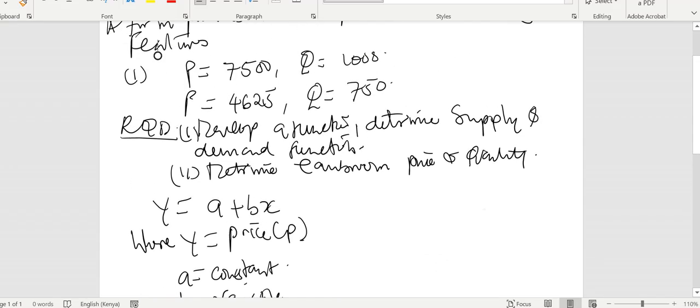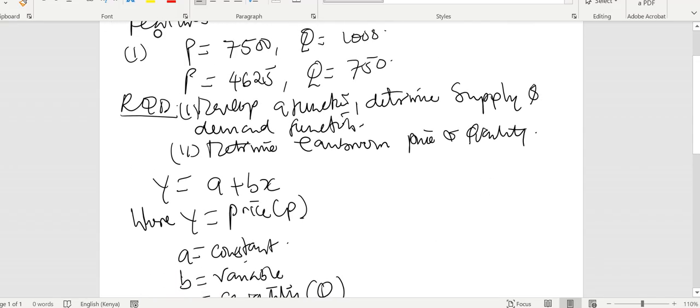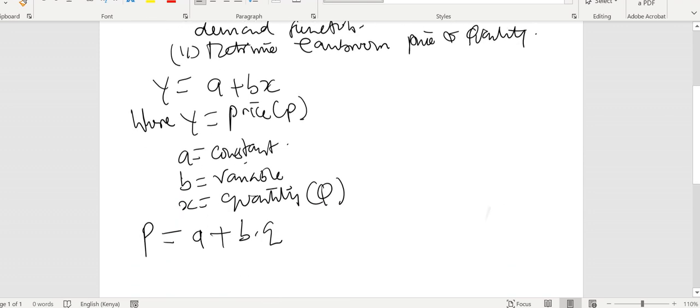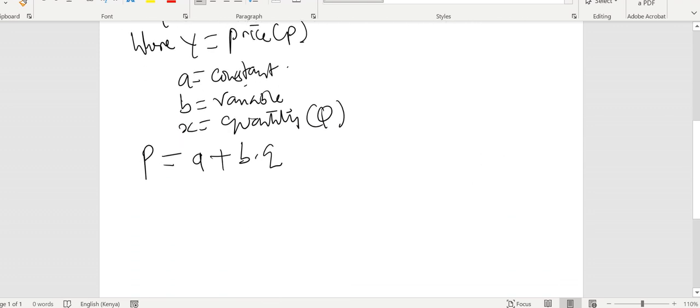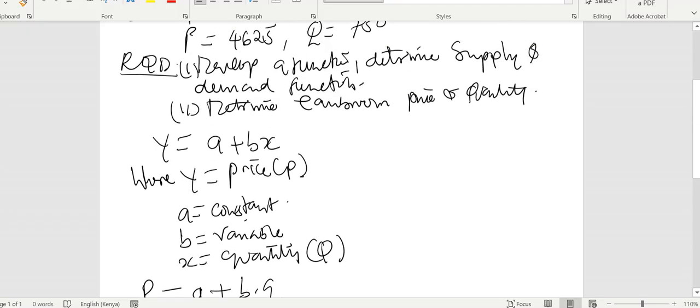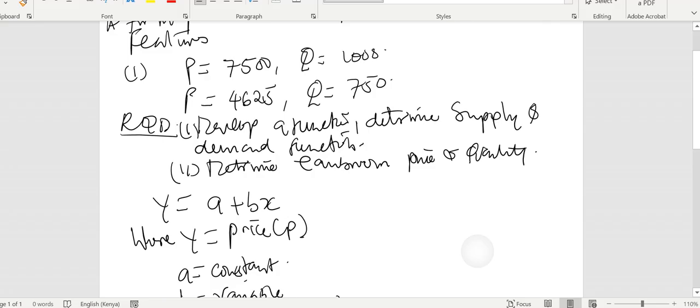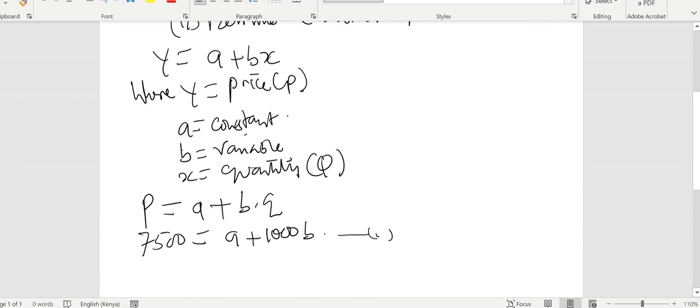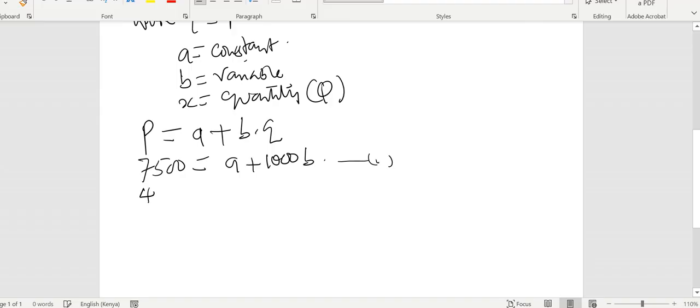I pick P of 7,500 versus 1,000. So equation 1 is 7,500 equals a plus 1,000b. Equation 2 is 4,625 versus 750, so 4,625 equals a plus 750b.